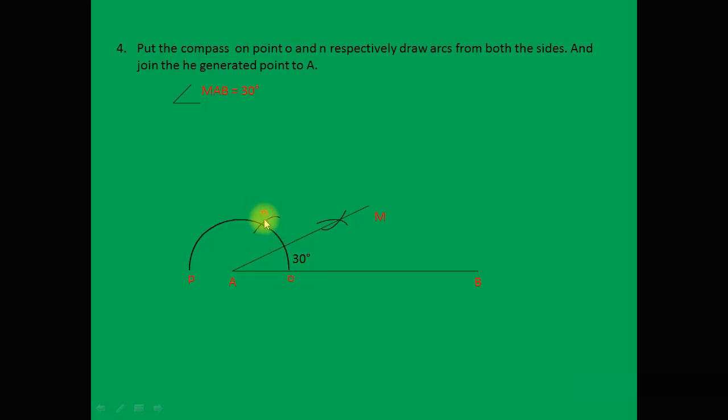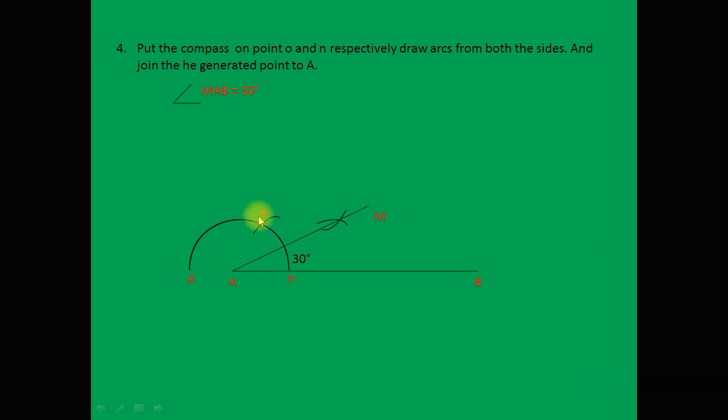And if we put here the compass at this point N and draw an arc of the same radius, then we again obtain an angle of 60-degree. So for the 30-degree, take the half of this 60-degree, we obtain an angle of 30-degree.